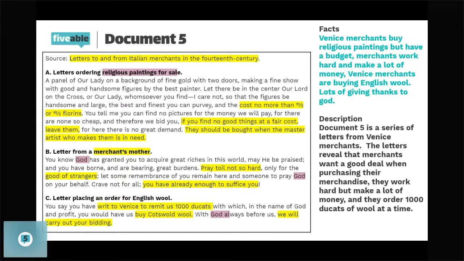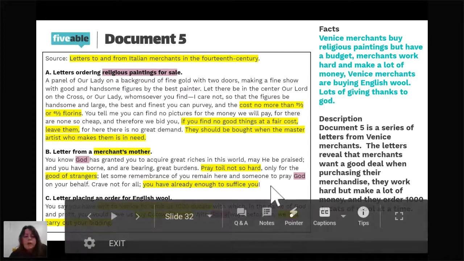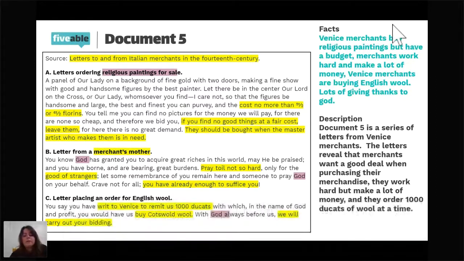You're a merchant, but you're helping out those strangers, those people buying your stuff. "Let some remembrance of you remain here and someone to pray to God on your behalf. Crave not for all. You have already enough to suffice you." Okay, so I think his mom is like, retire. You've done enough. You're working too hard. You're good. Let's look at the last one.